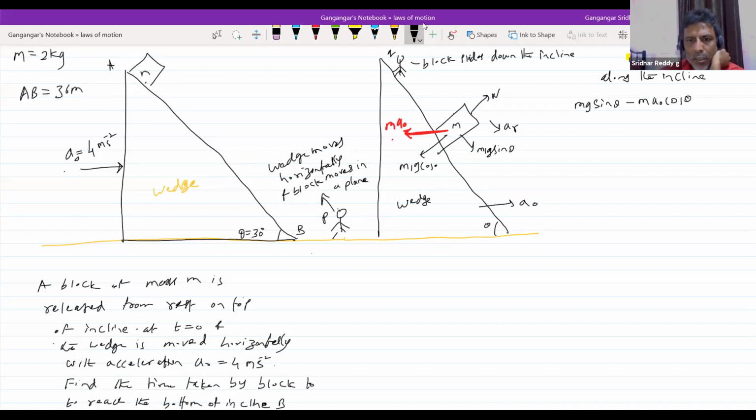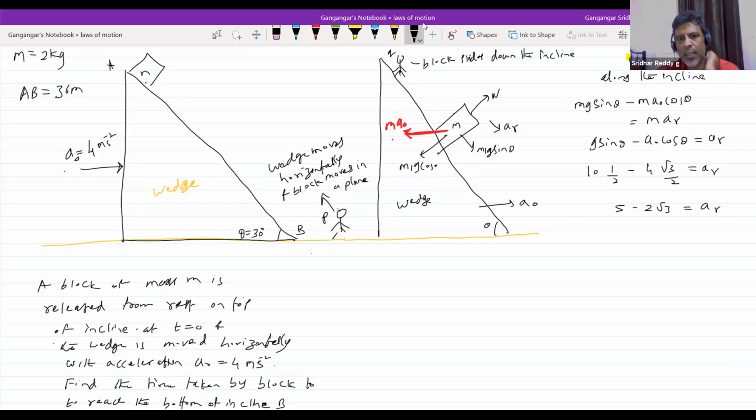I have to resolve it, no? And if I show resolving again, you'll get confused. So ma naught cos theta equals m ar. So this will be g sine theta minus a naught cos theta equals ar. The value of g is 10, sine 30 is 1 by 2, a naught value is 4, cos 30 is root 3 by 2, equal to ar. So this will be 5 minus 2 root 3.